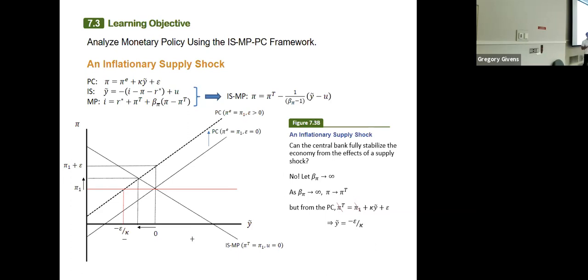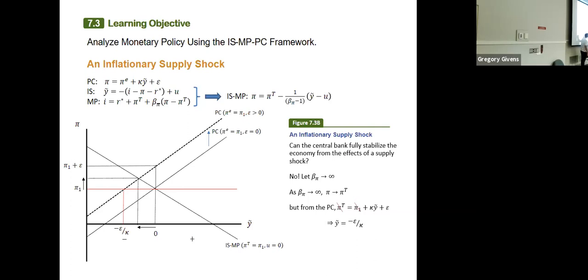This is the key distinction between so-called aggregate supply and aggregate demand shocks. Demand shocks do not pose a real problem for central bank stabilization policy in theory, because the central bank should be able to fully offset demand shocks. What the central bank cannot fully offset are supply shocks, right? They can either stabilize inflation at the cost of a large negative output gap, or, Michael, if beta pi was equal to 1 and the ISMP curve was vertical, then what would happen?